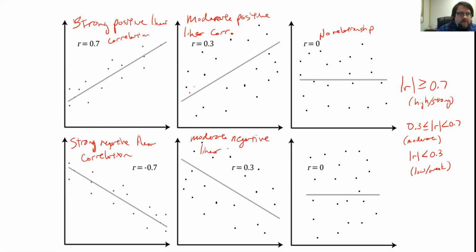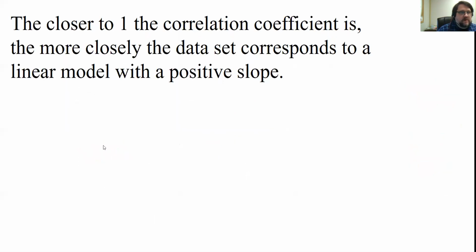So we're going to be calculating these R values, but first we're going to just do some analysis. The closer this correlation coefficient is to 1, the more closely the data corresponds to a linear model with a positive slope.